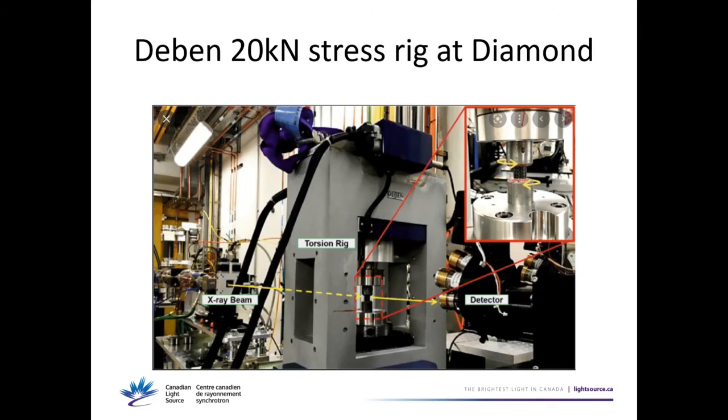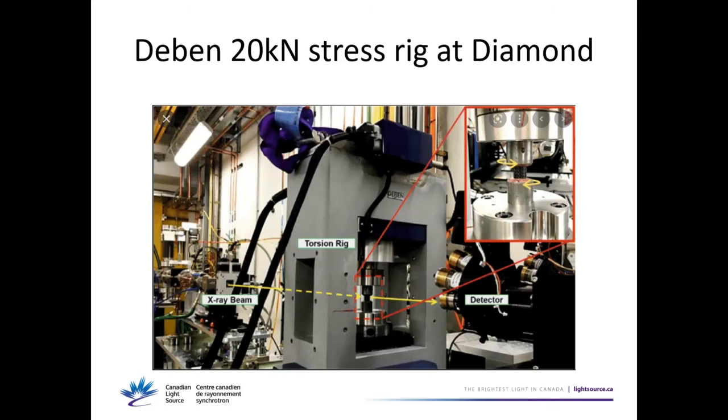Sometimes the users have brought their own stress rigs. We're currently getting a stress rig. We're collaborating with Professor André Filion at McMaster. So he's buying a stress rig that will be shared between BMIT and Brockhaus and whichever other beamline wants it, but they don't have the energies.